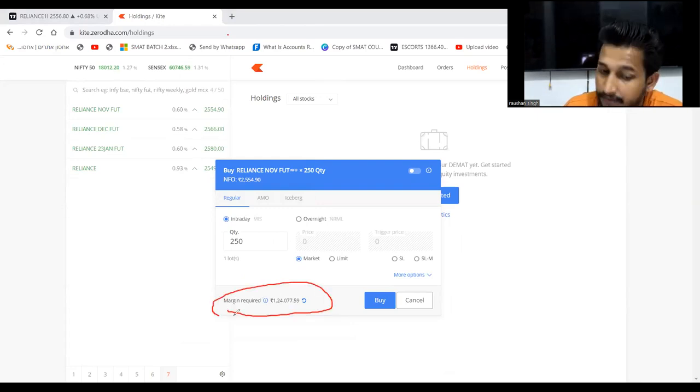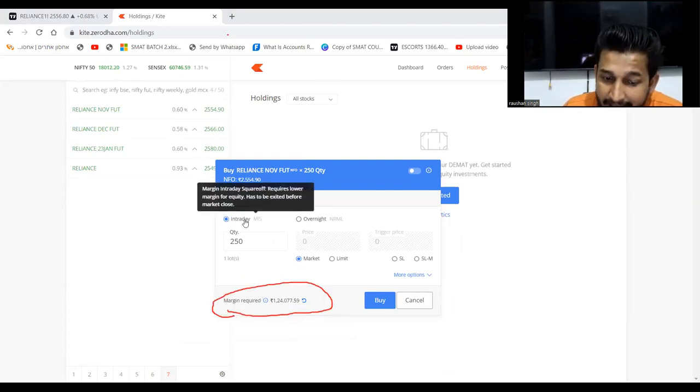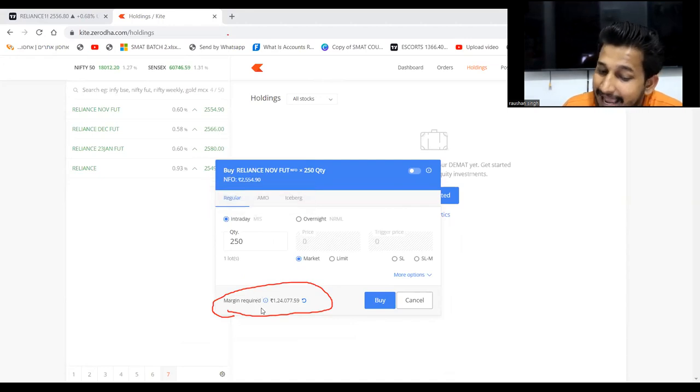Now notice this. I hope you are able to recall: margin required means fund required. So if I want to do intraday, I have to pay 1,24,000 for 250 Reliance quantity. Overnight, normal, basically means carrying it for more than a day.